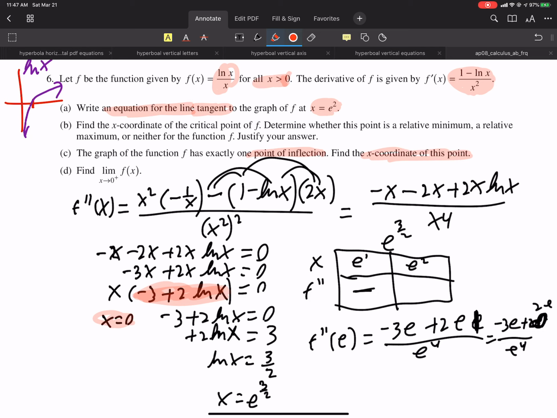And then if we do the e squared, if we plug it in here, ln of e squared is 2, so that's going to be negative 3 plus 4. That's clearly positive. The bottom's clearly positive. So bam, we do have a sign change there.